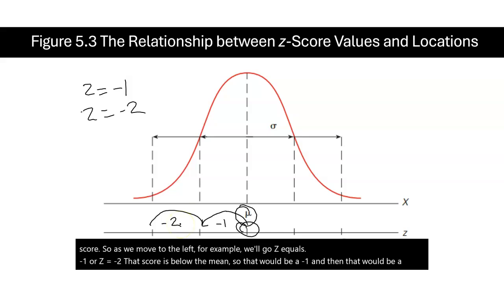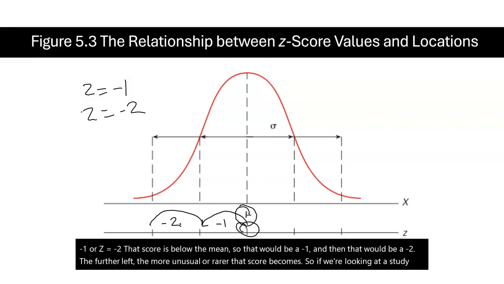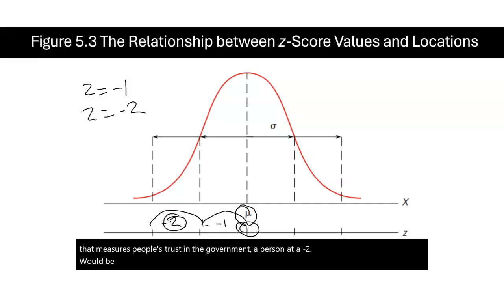The further left, the more unusual or rarer that score becomes. If we're looking at a study that measures people's trust in the government, a person at -2 would be much less trusting than most of the group, since that's 2 standard deviations below the mean.